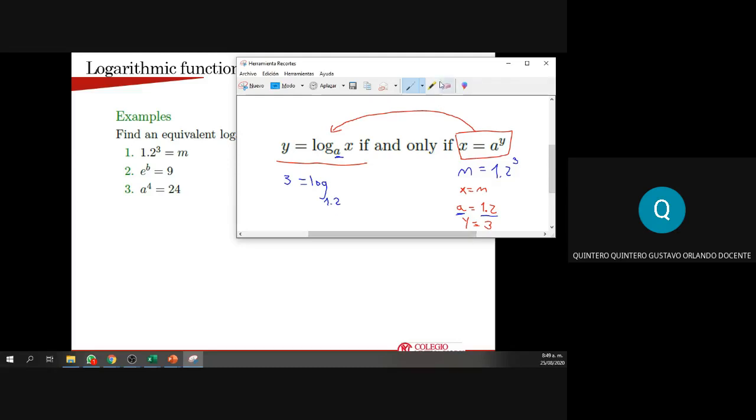Last but not least, the value of x, and for us, x equals m. So I'm just going to write it there. This is going to be our answer.